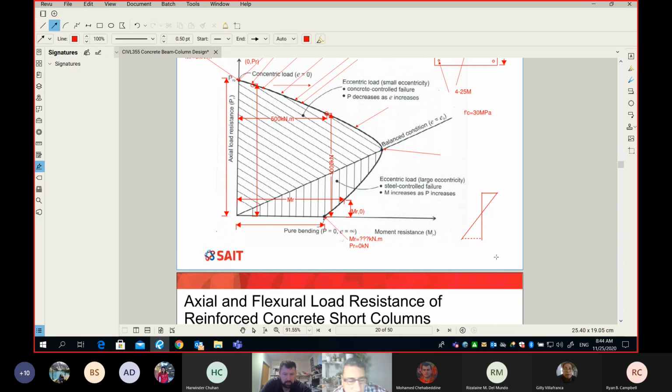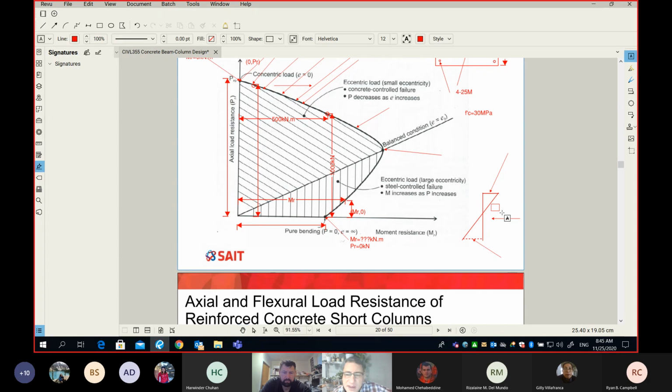And we know that this will fail first in tension before the concrete fails in compression. Now I'm asking you, I will apply compression here. And remember, the rebar was in tension.